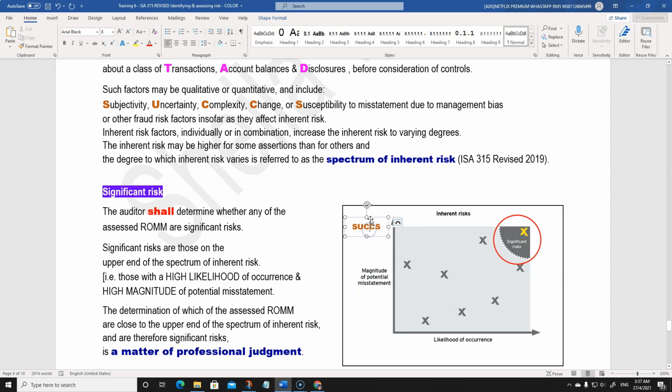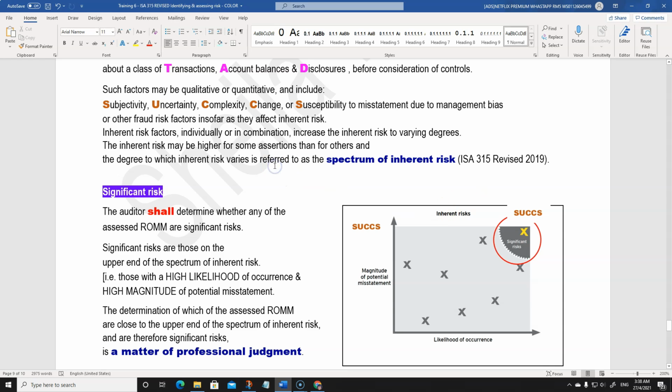So here we've got SUCCS here, so if I can just copy that. So those financial statement items that are considered to be of significant risk would have a higher amount of SUCCS inside there. This is important for you, important for your question 1 in September. But I'll explain that further when we start doing question 1.